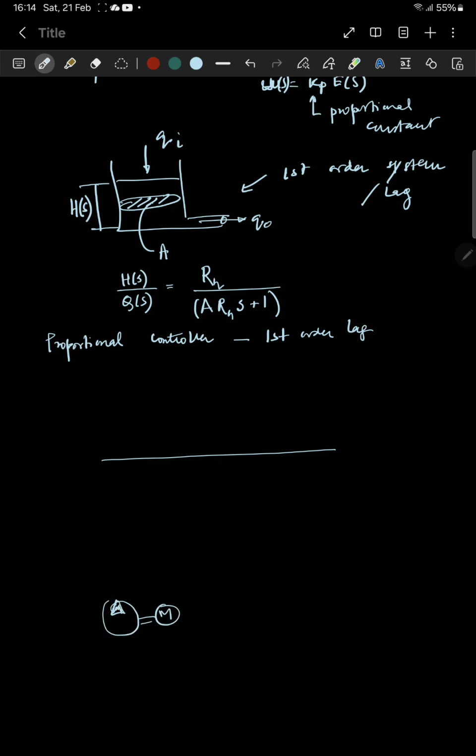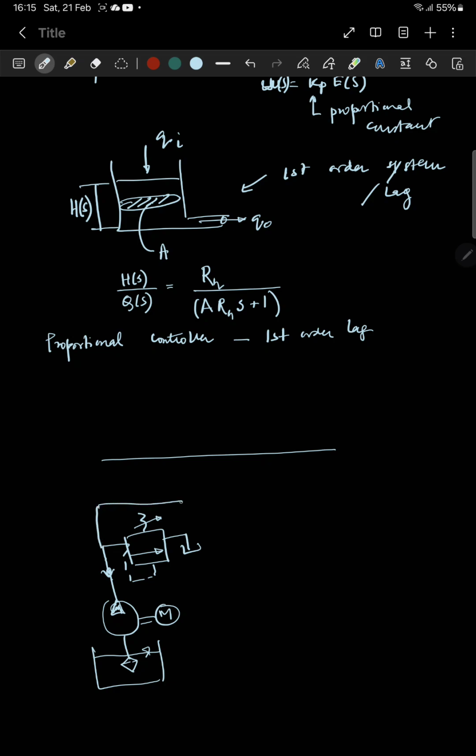This is the motor. This is the filter. The reservoir of the tank. Check valve. Here is the pressure relief valve. The dotted lines are known as pilot lines or pressure lines.